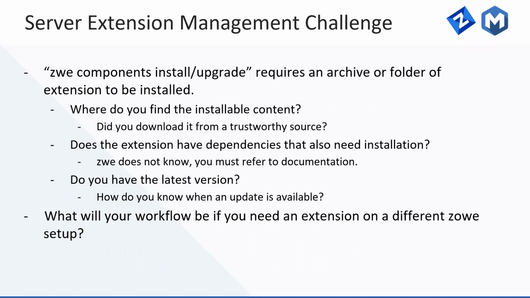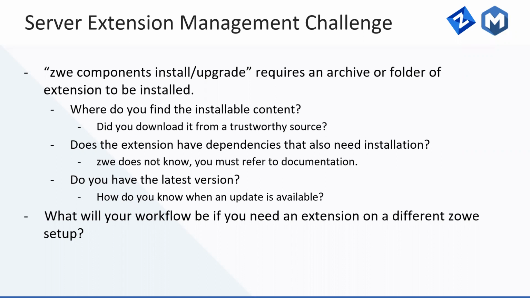So the first challenge that we saw is that when you go to install or upgrade, you need to provide a path to either an archive, such as a PAX or a zip, or a folder. But either way, you need to have this extension already on your computer. So the first question comes in as, where did you find this archive or folder to even put on your mainframe?